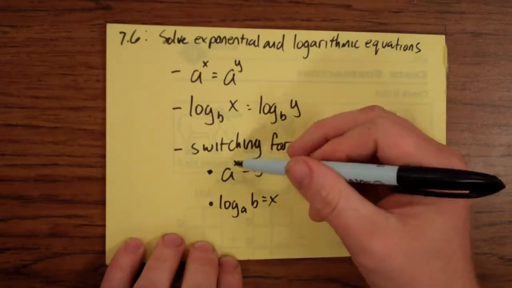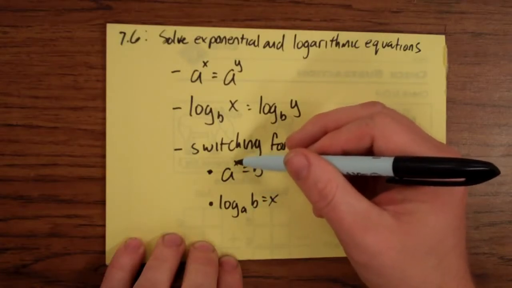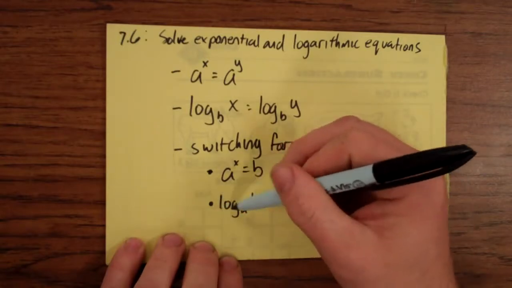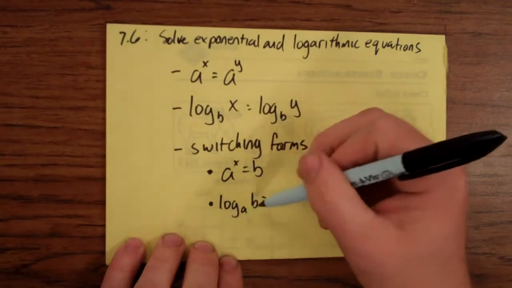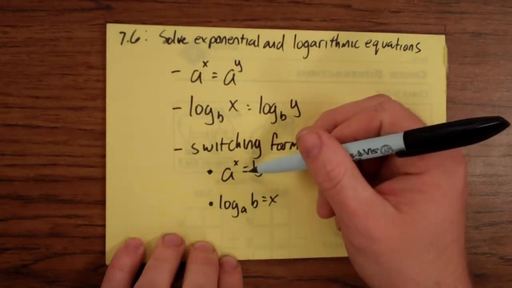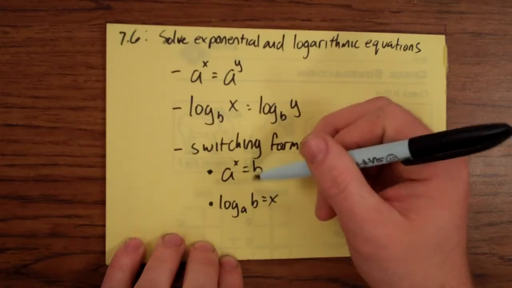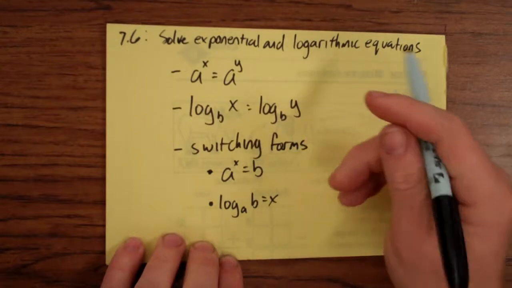Okay, I would take this equation and switch it to here to solve for the exponent if there's a variable there. I might start out with an equation like this that has log base a of b equals x, and I want to solve for b. And then I would take this and put it in exponential form to solve for b. Okay, so this would be what I would call the third form, where you're switching between exponential and logarithmic form, or going the other way.